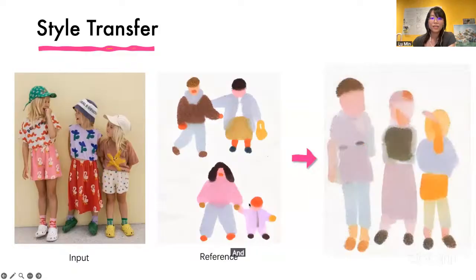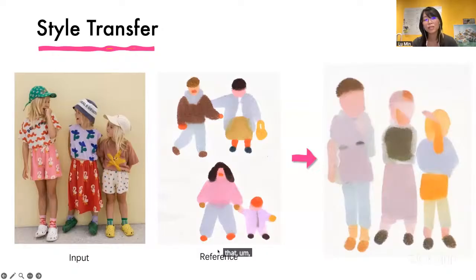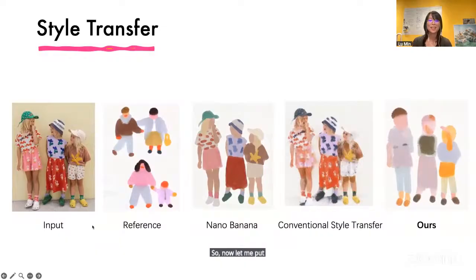And this is the result generated by our method. I would say that our method can learn the visual language that artists had in this reference and re-express the input image. So now let me put them side by side.